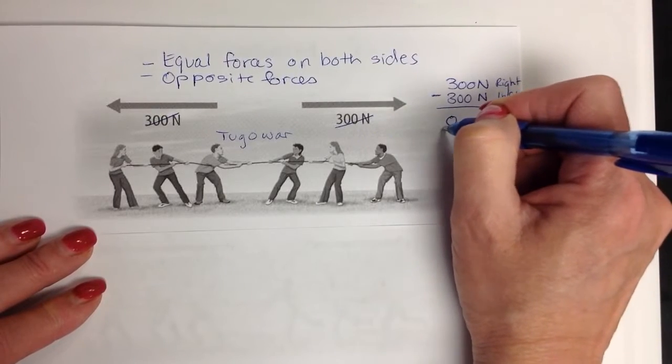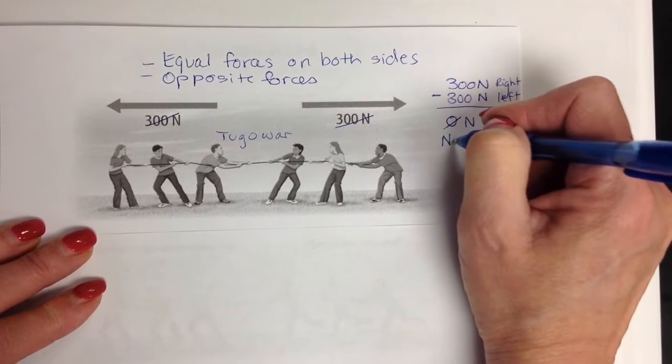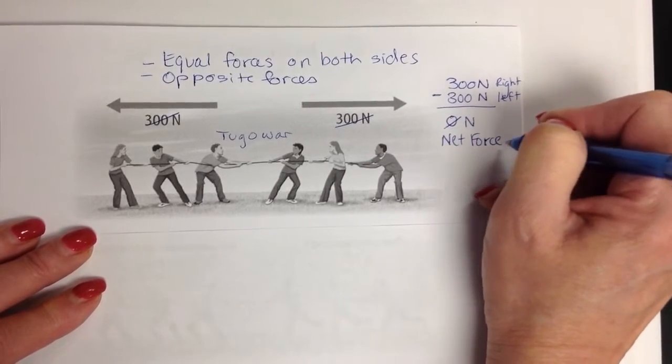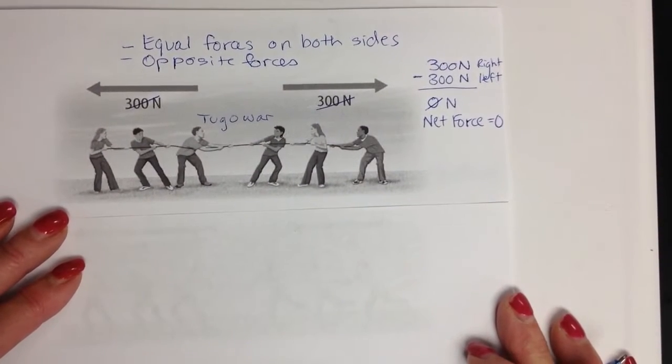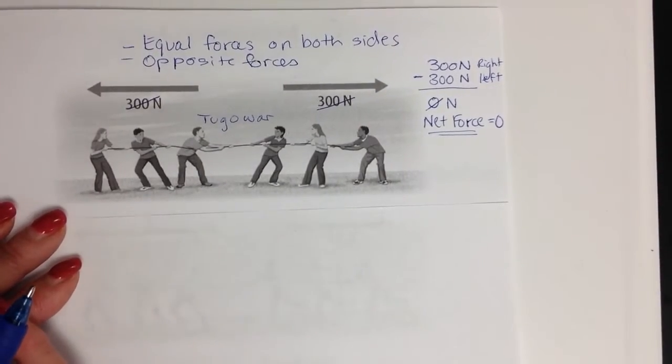Leaves us with 0 newtons. So the net force is what for this? What's the net force operating on the rope? 0 newtons. Okay. So this is how you calculate what's actually happened and what's the force acting on the object.